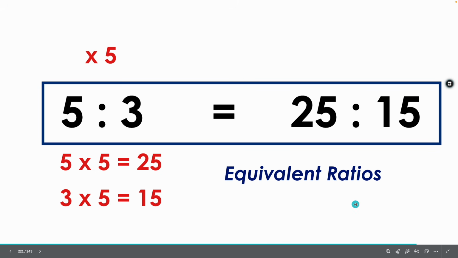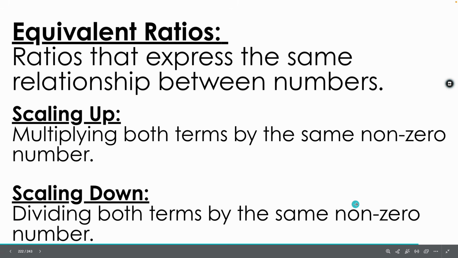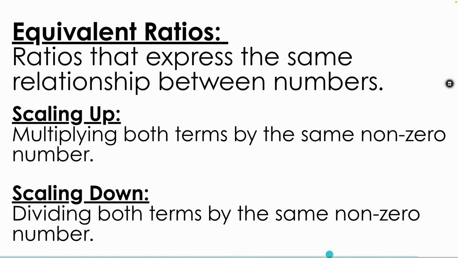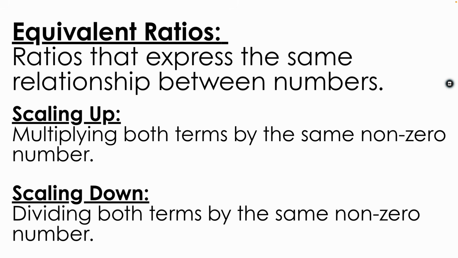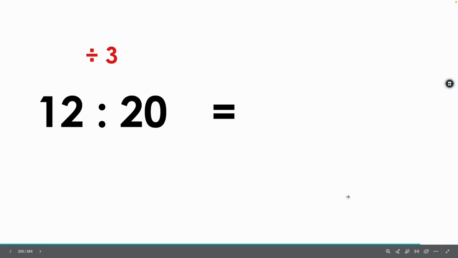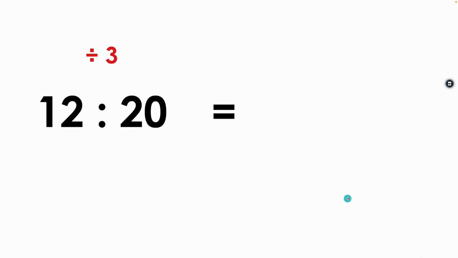Now, let's have scaling down. Scaling down simply means that we are going to divide both terms by the same non-zero number. Okay? Now, scaling down is dividing. So, let's take a look at 12 to 15. I'm sorry, yeah, that should be 12 to 15.